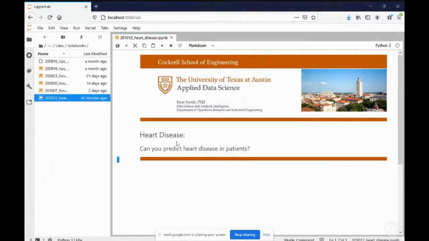As usual, let us go ahead and start up and pull the data in. Let's initialize our libraries first.